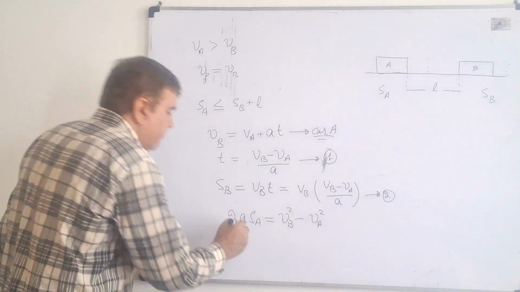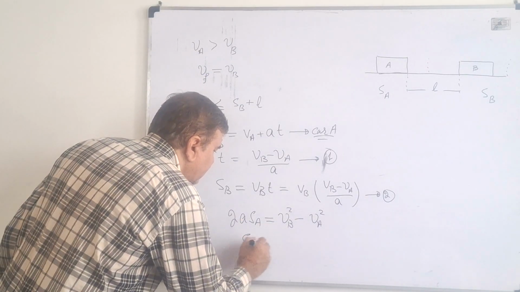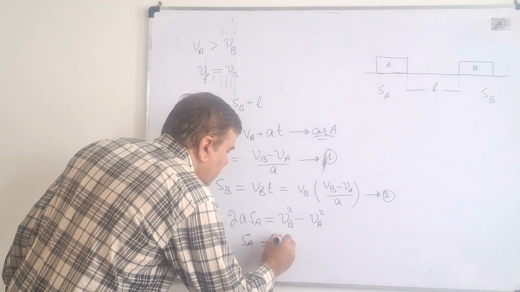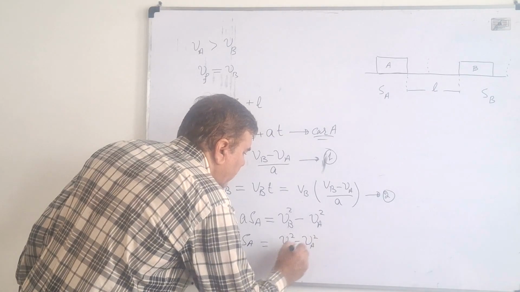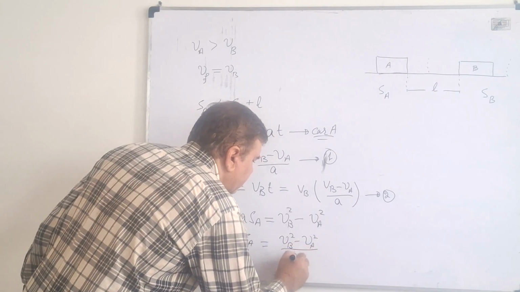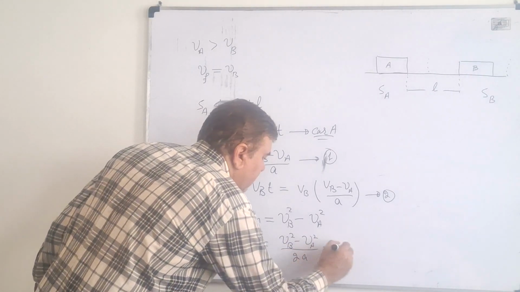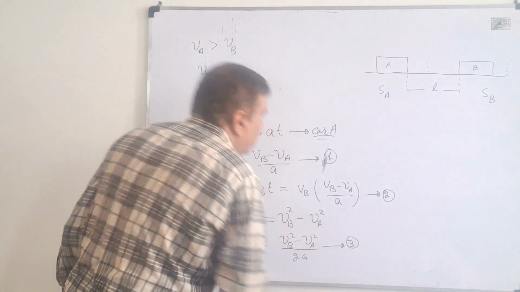From this, SA equals (VB squared minus VA squared) divided by 2A. I call this equation 3.